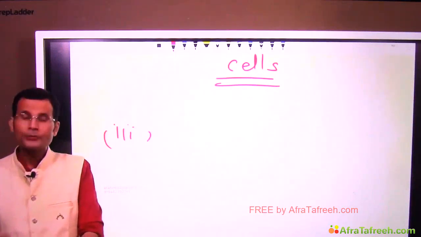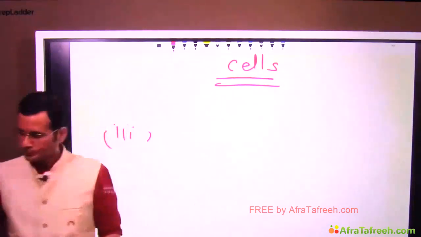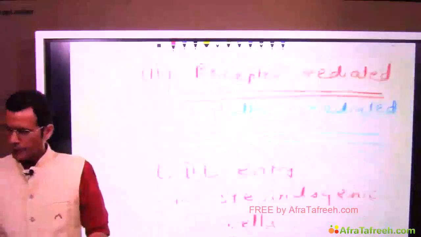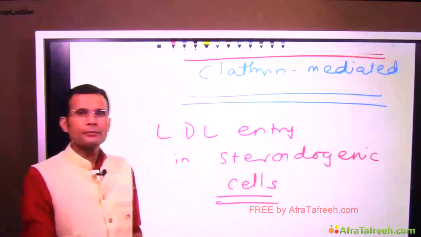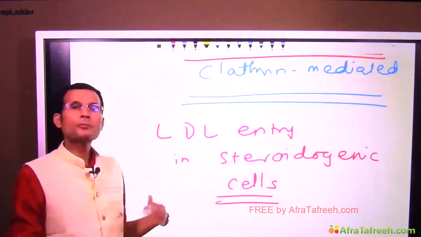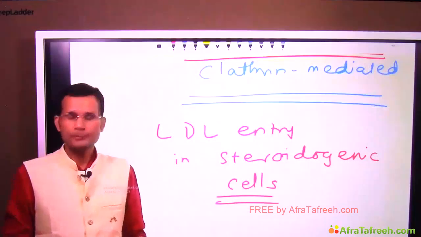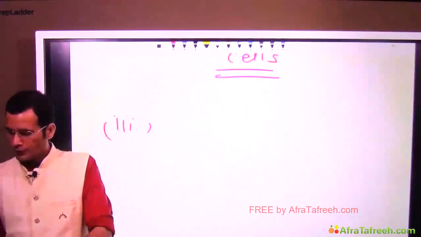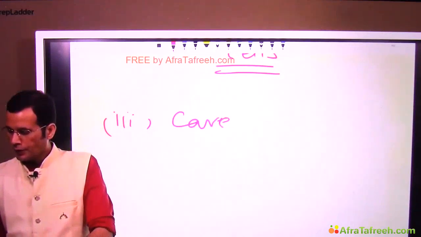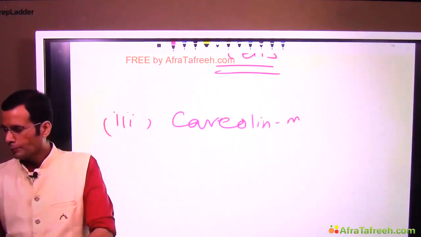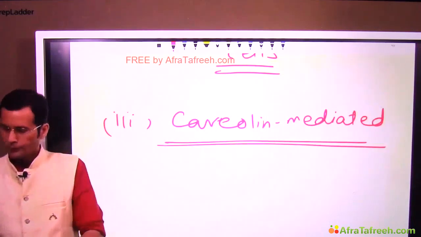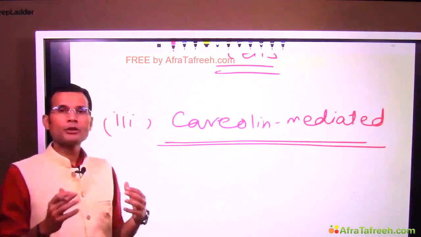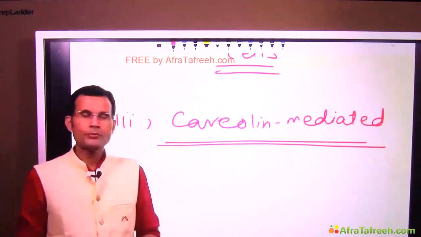Well, there is one more type of endocytosis. Sometimes in some cells, instead of clathrin, there is another protein called caveolin. So the process will be called caveolin mediated endocytosis. Instead of the fibrillar protein clathrin, there would be caveolin.